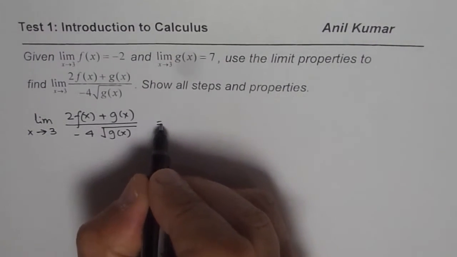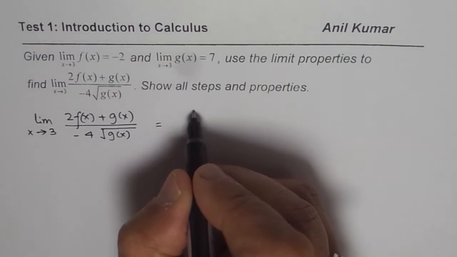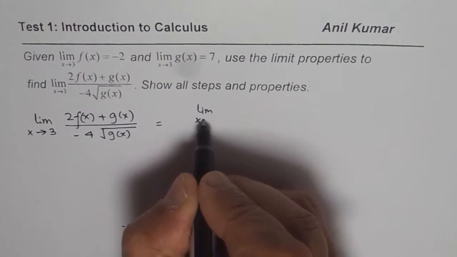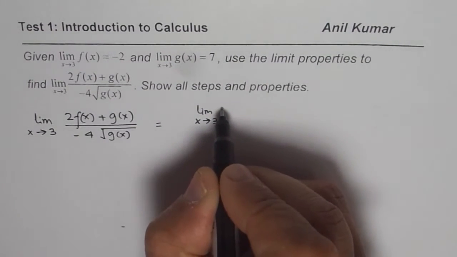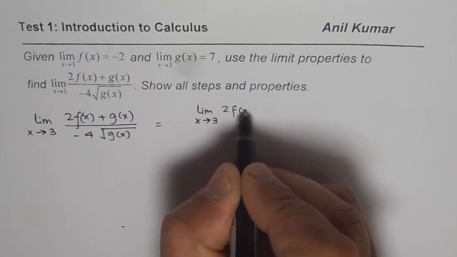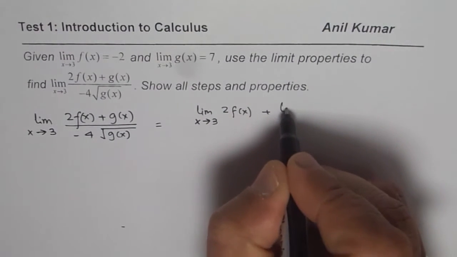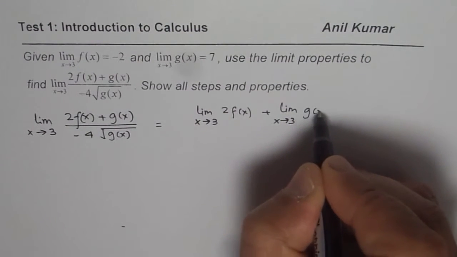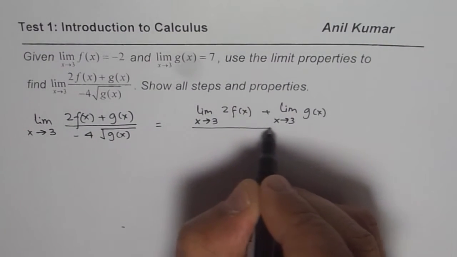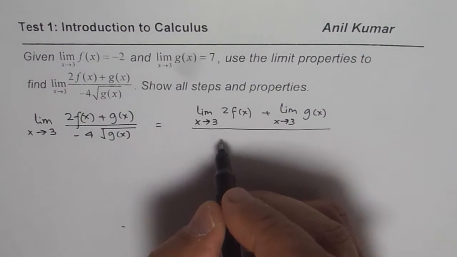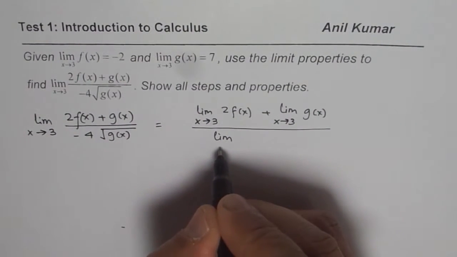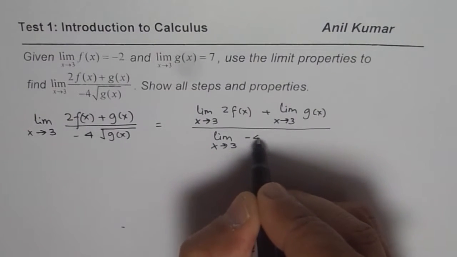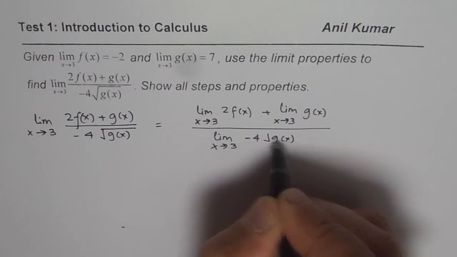So we could write this as limit of x approaches 3 of 2 times f of x, plus limit of x approaches 3 of g of x, divided by limit of x approaches 3 of minus 4 square root g of x.